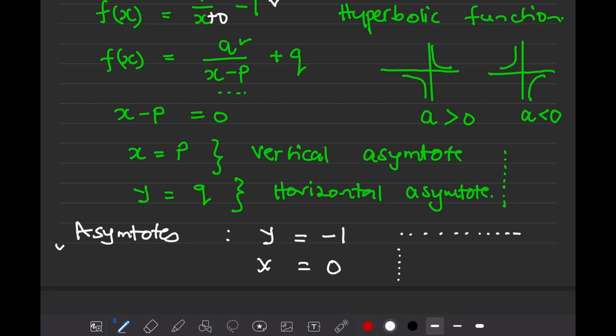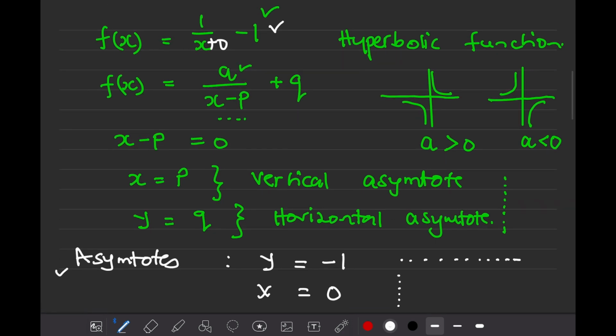So this is the first thing that we have identified about our function, that it has got asymptotes at y is equals to negative 1 and x is equals to 0, right? That is what we know about a hyperbola. And also our a here is 1, so our a is positive, so our function should be on the first quadrant and the third quadrant, which is the case, right?